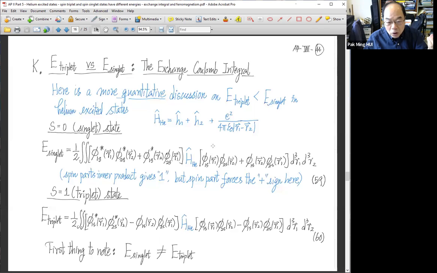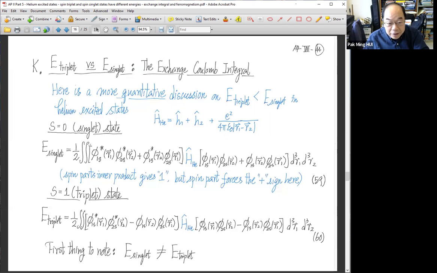All we need to do is to get the expectation value of the helium Hamiltonian. That is the expectation value of energy. Now, as explained last time, the helium Hamiltonian is spin independent. It does not carry spin here.